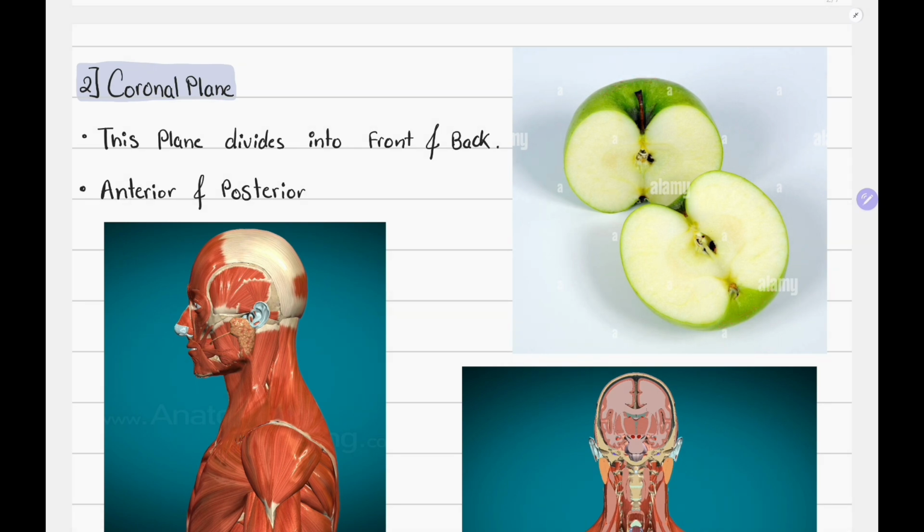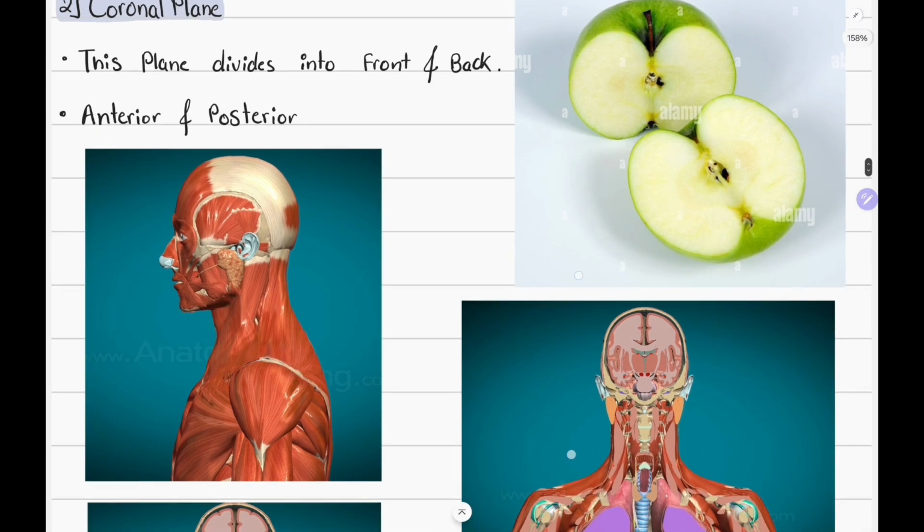In reference to the human body, a plane is chosen such that it divides the body into anterior and posterior parts. Once again, this is the one single integrated person, and I have chosen such a plane that it divides the body into an anterior half and a posterior half. This is the anterior half and this is the posterior half.